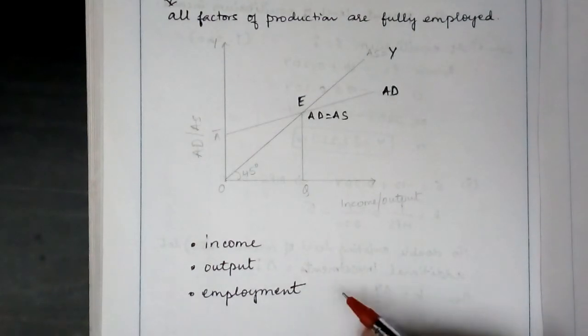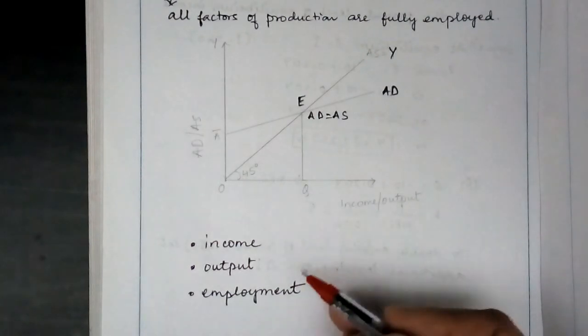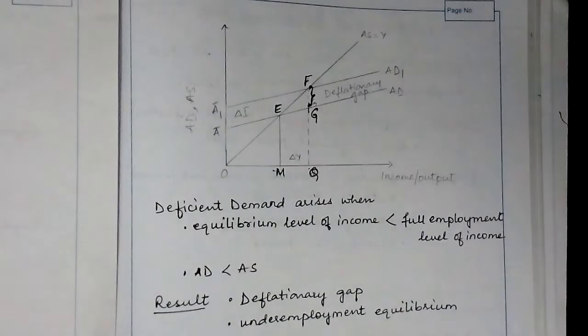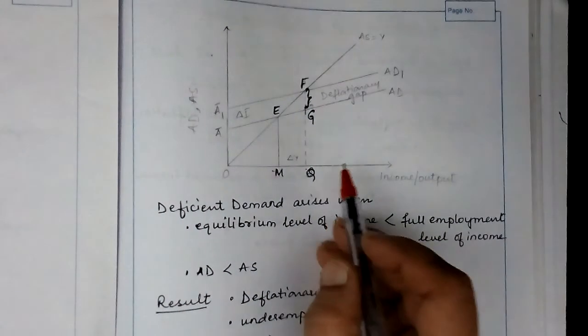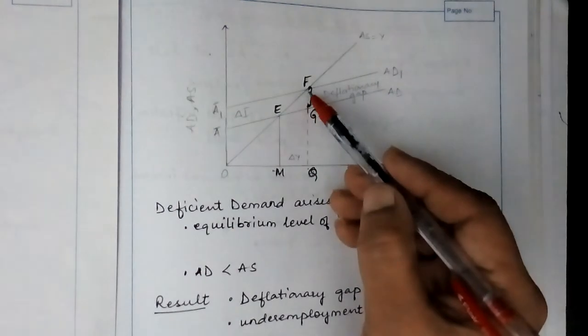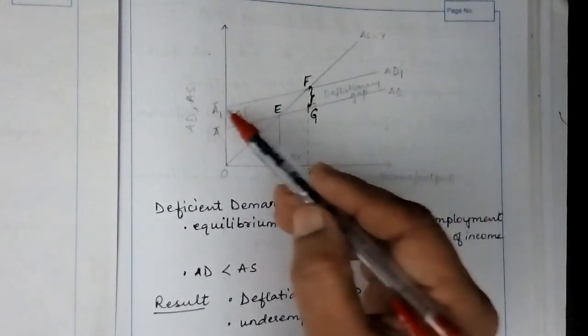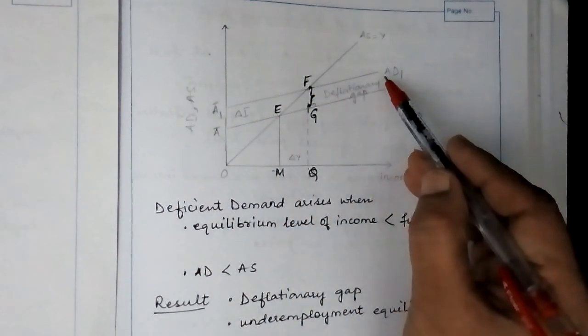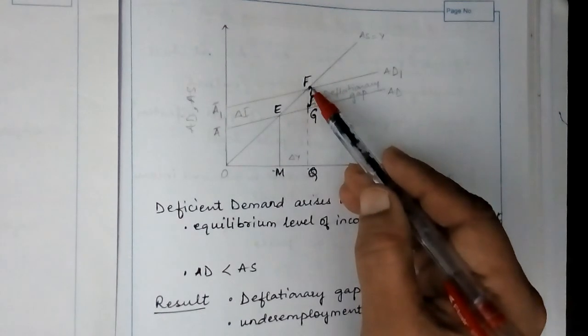Let's try to understand what happens when there is a change in AD and AS. Now if you look at this graph, a point F on this AD curve shows full employment.